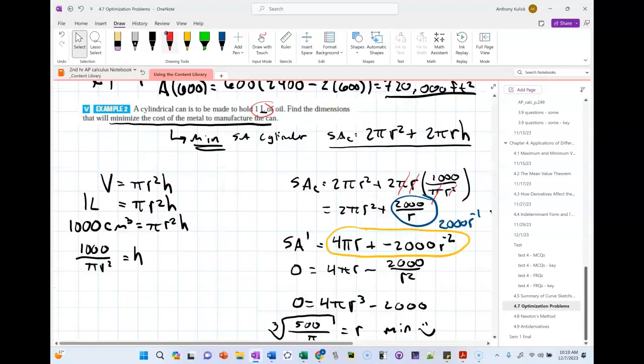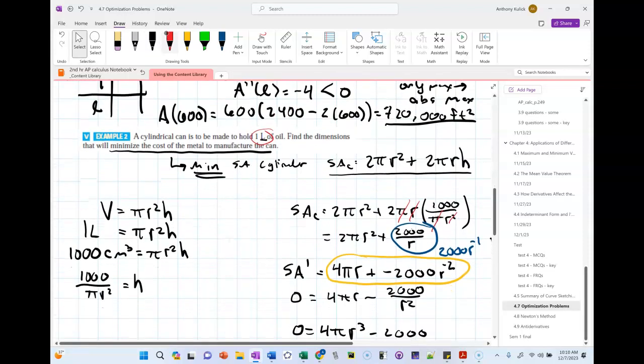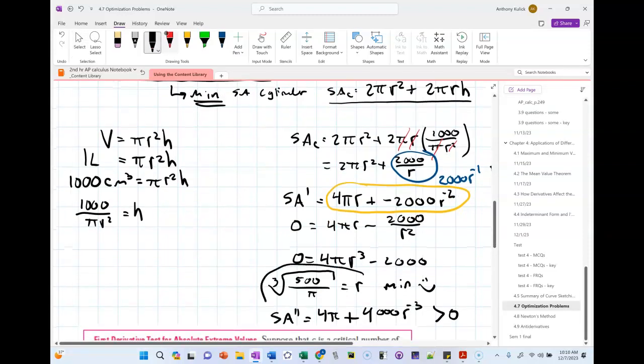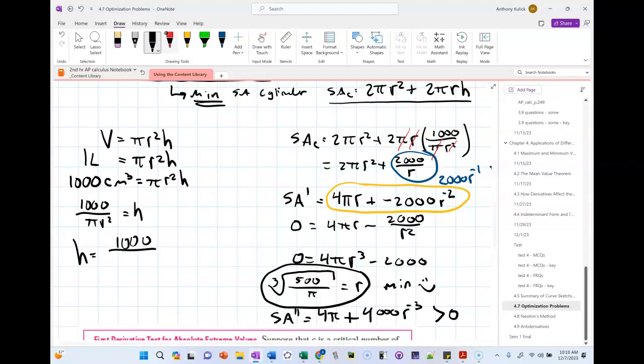So again, I think this asks for the dimensions though, right? So we have r. What do we still need though? H. Whatever that is.